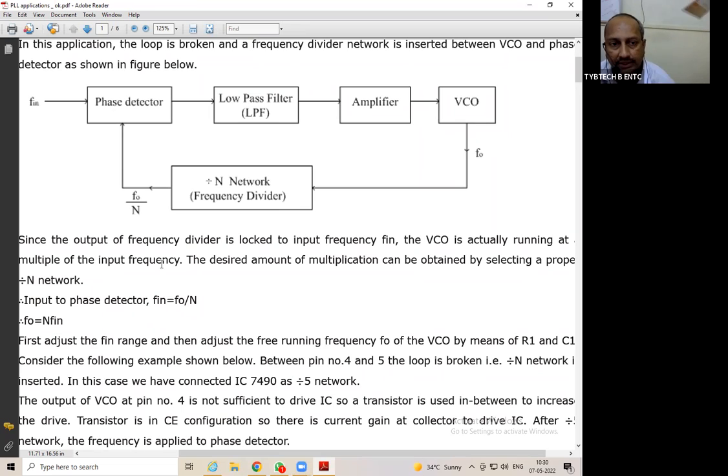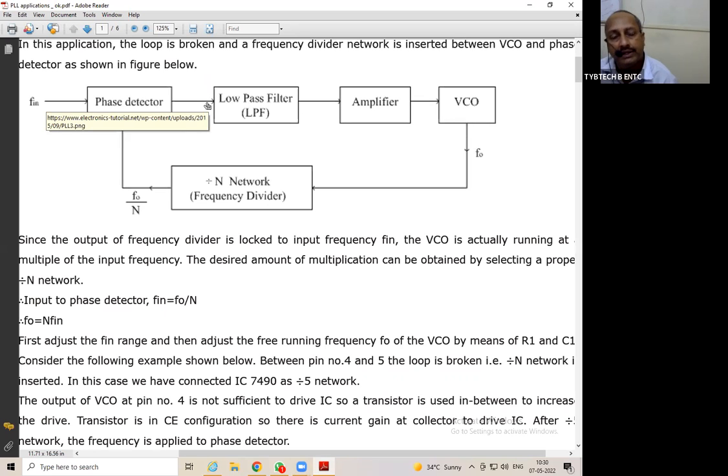Two inputs are here, and they get compared in this phase detector. Two frequencies are compared, but the output will be in the form of voltage. One important thing to remember over here: the output of the phase detector is a voltage, known as the error voltage.